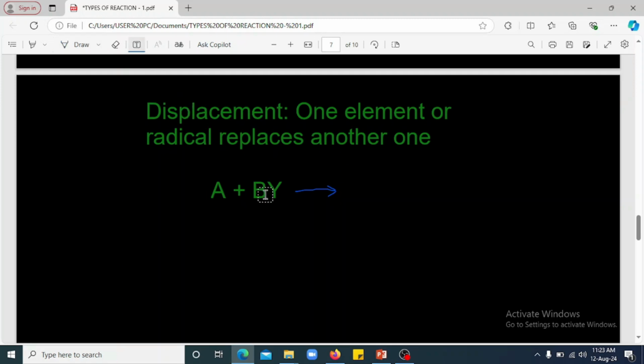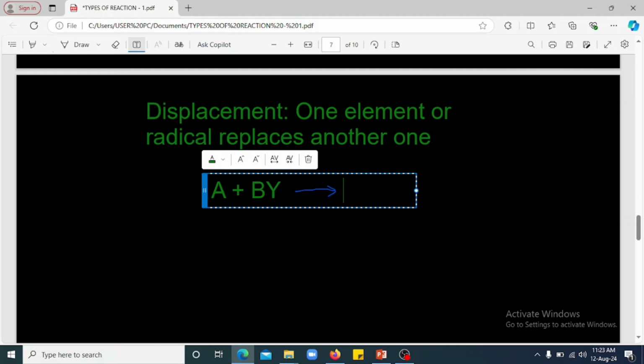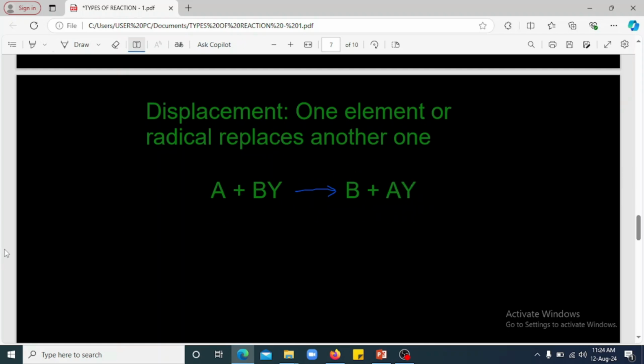One element will displace the other one. So A plus BY to give us B plus AY. Can you see what has happened there? Now A has taken the place of B. So this is an example of displacement reaction.